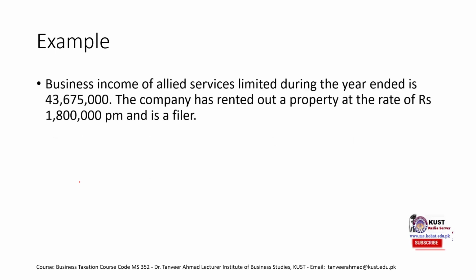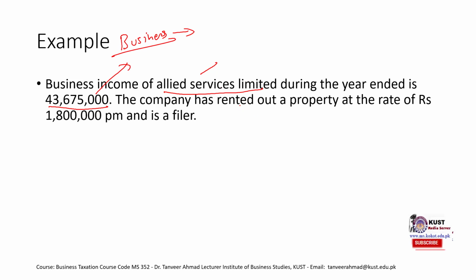So let's discuss examples and cover all the deductions or ideas that we have discussed in our previous lectures. So, business income of Allied Service Limited. How do we know it is a company or individual? We know it from this statement. During the year ended, this 43 million is not the income from property, rather it is income from business. What would we have to do with this? We will discuss in a while when we are solving this question.